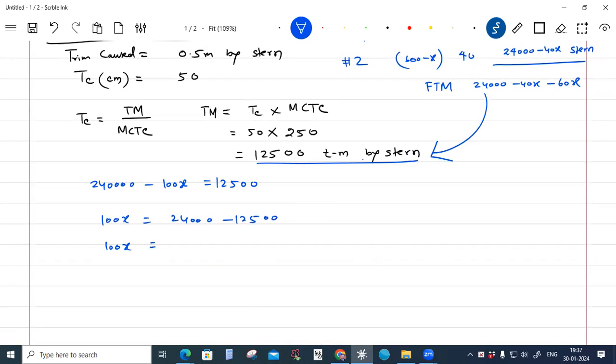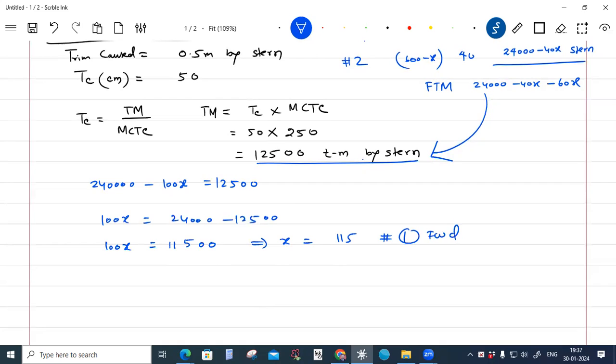Let me do it on the calculator: 24000 minus 12500 is 11,500. So x should be how much? 115 tons. That is number 1 space, the forward.